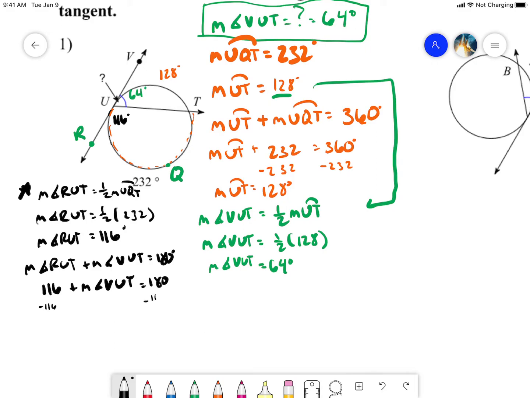Subtract 116, and I still get the measure of angle VUT is equal to 64. So again, two very different approaches, both ending with the exact same solution. Whichever way you prefer, whichever way you see, do it that way. From here on out, I'm just going to do each of these problems one way, but I really want to emphasize there is more than one way to do these.